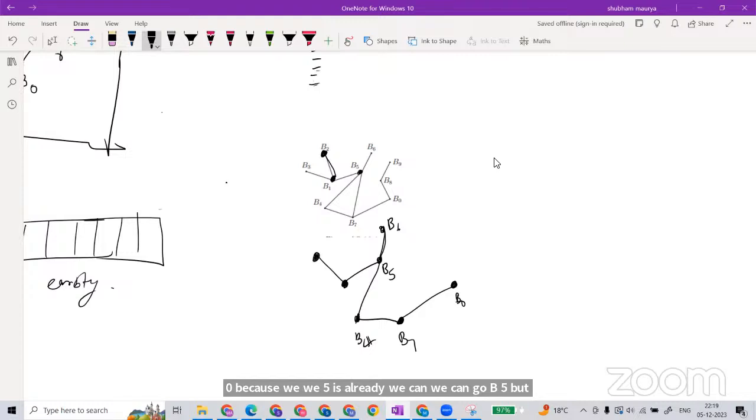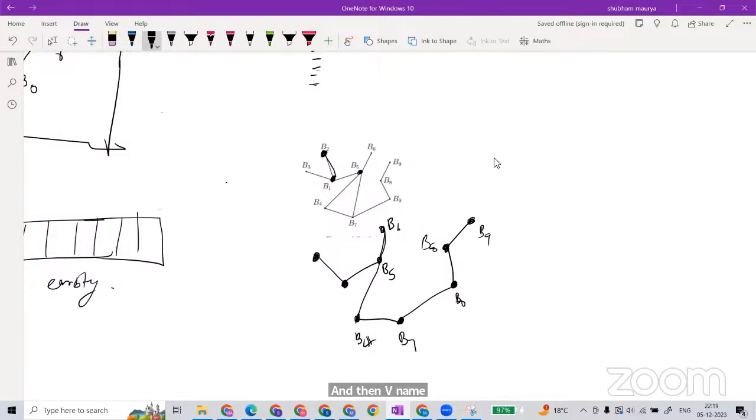From B0 the new vertex is B8, and then B9, and then B9 is done and back. And then from B7, it is already done, then back, and then back.